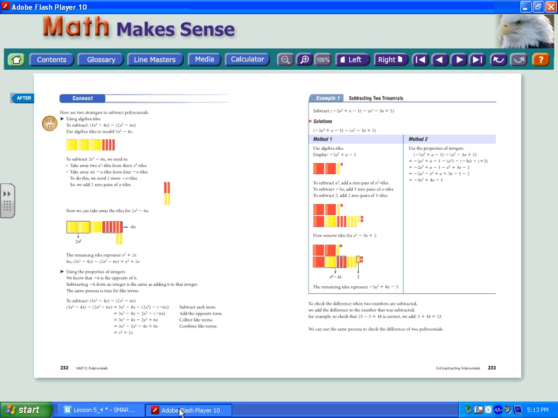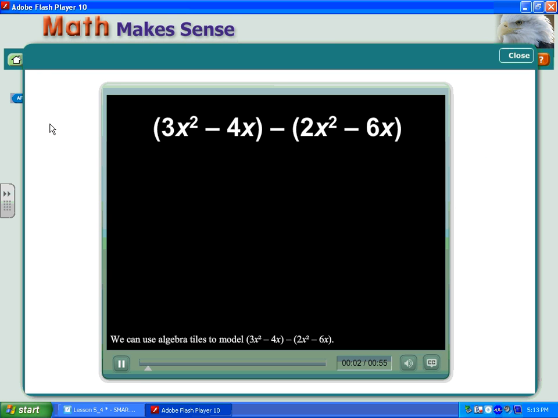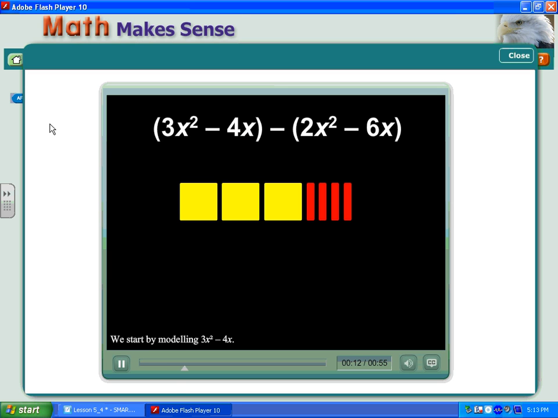This is a video that's included within our grade 9 textbook. We can use algebra tiles to model 3x squared minus 4x minus 2x squared minus 6x. We start by modeling 3x squared minus 4x. To subtract 2x squared minus 6x, we need to take away 2x squared tiles and 6 negative x tiles, but we only have 4 negative x tiles.